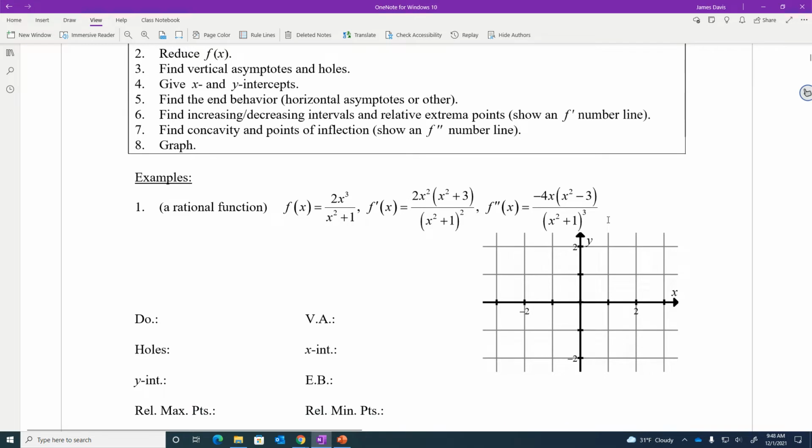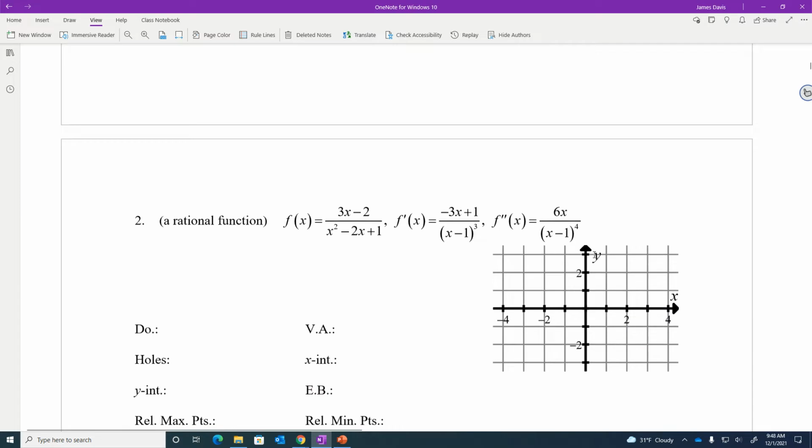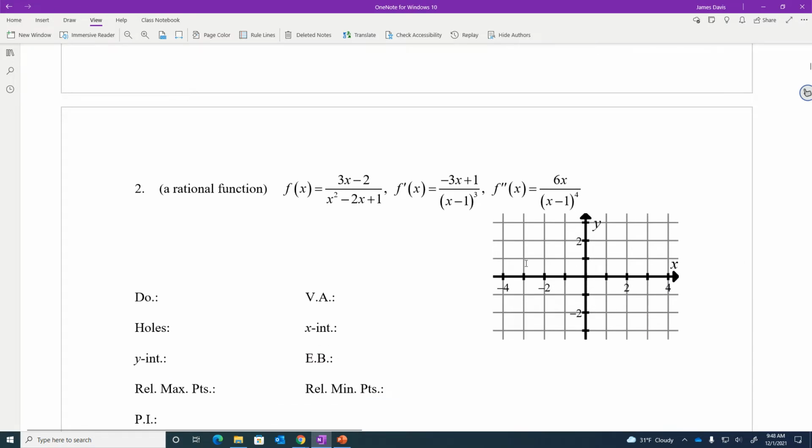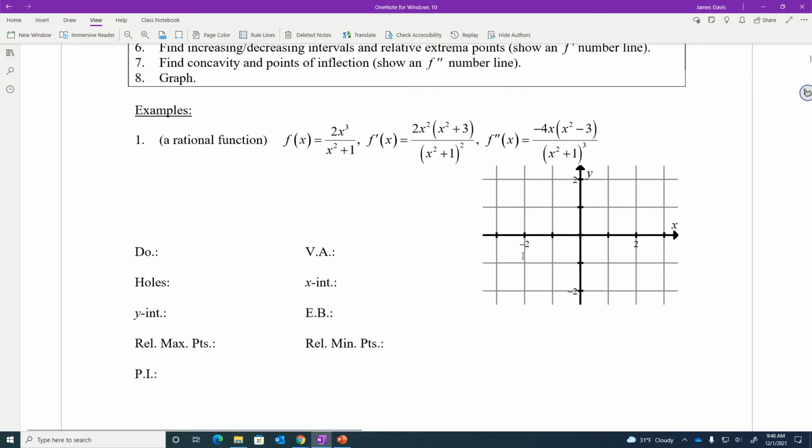The thing about curve sketching is there's rarely an AP question where you have to sketch a whole graph. There is a chance that you could, but mostly you're given a graph and you have to determine properties. So we're kind of working in reverse.